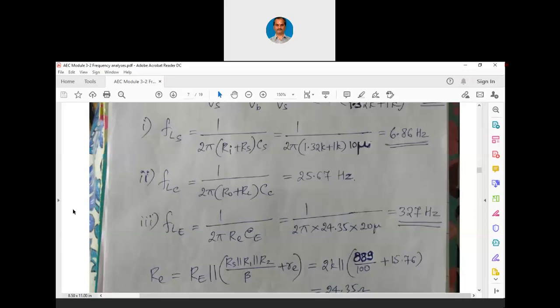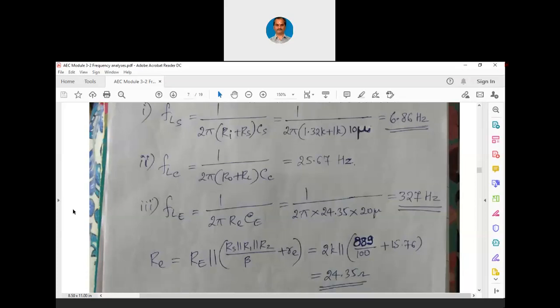That means whichever is nearer to the maximum gain, that frequency we have to consider. So naturally, even when we consider the source resistance, the emitter capacitance is remaining the dominant capacitance, which is the one deciding the low frequency response of an amplifier.